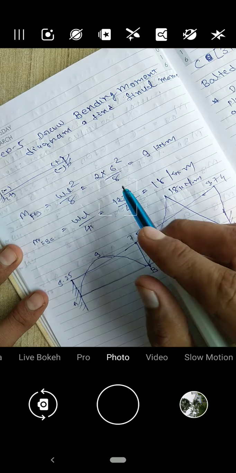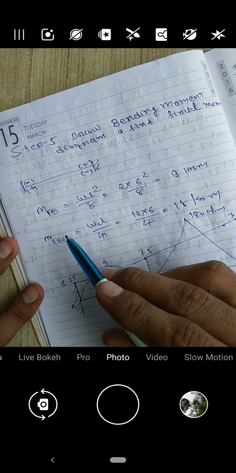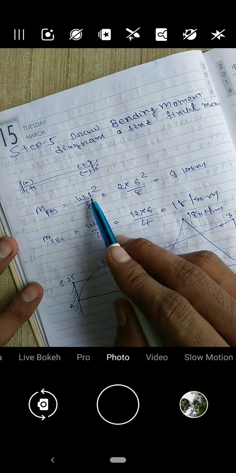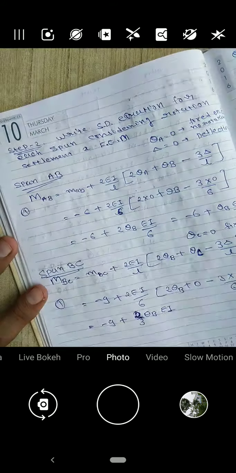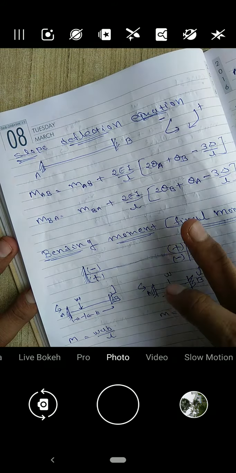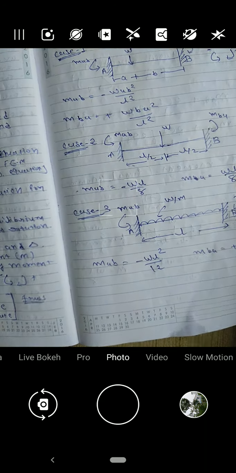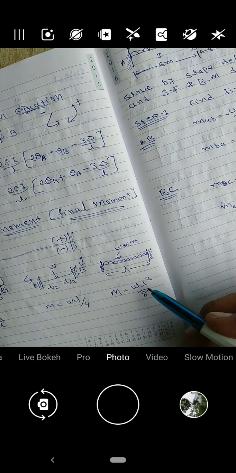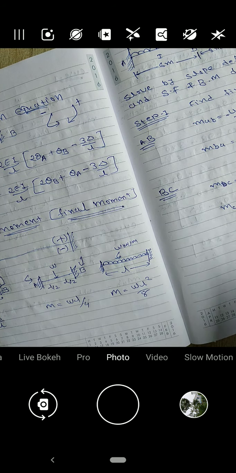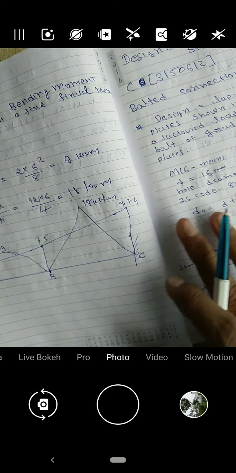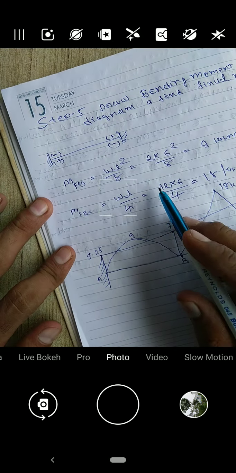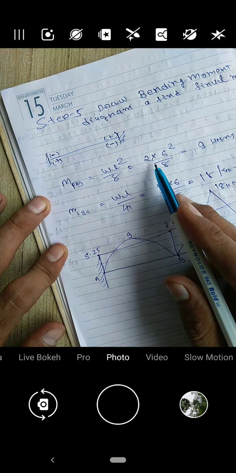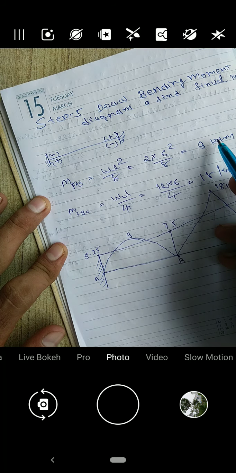Then the final end moment for AB is UDL, so we use WL square by 8. You can see here, this is the case, and the final end moment equation for UDL is equal to WL square by 8. So we put the value: 2 into 6 square divided by 8 is equal to 9 kN per meter.